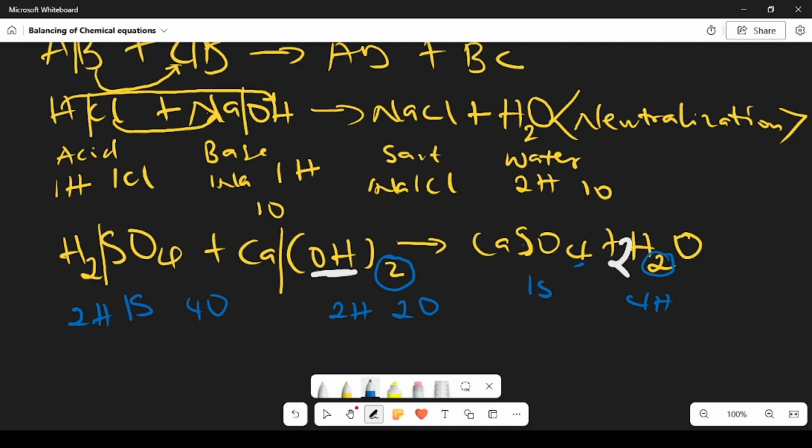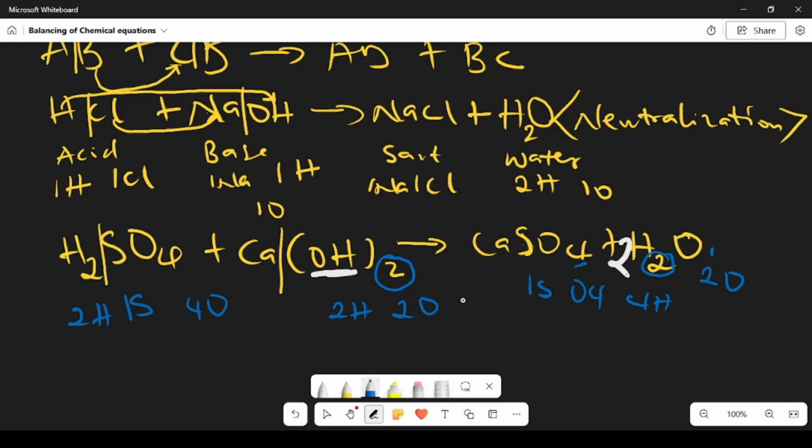You have these 4 atoms of oxygen here, and 2 times 1 here will give you 2 atoms of oxygen. And 4 plus 2 will give you 6. Understood? Alright. If you've reached this point, congratulations, because balancing of chemical equations will soon be at the tip of your finger. You will never miss it again.